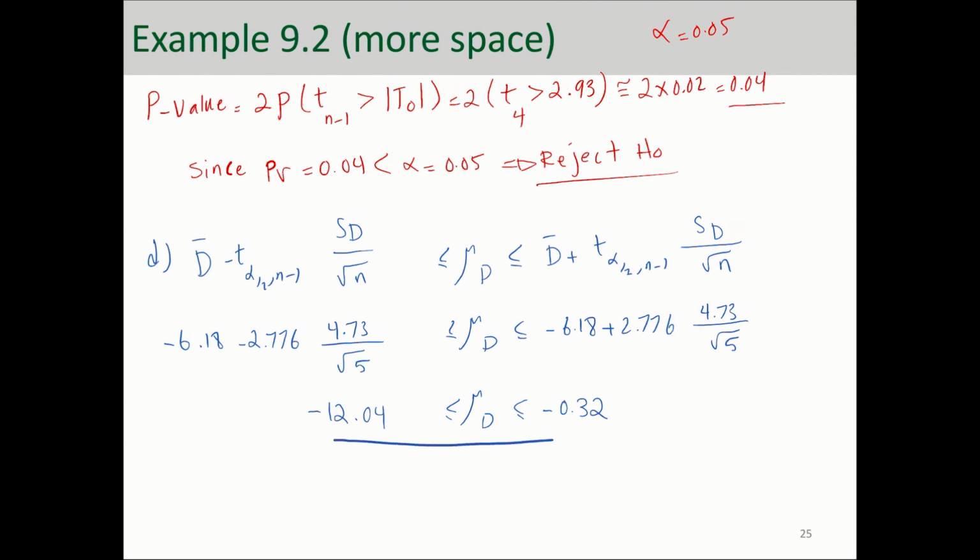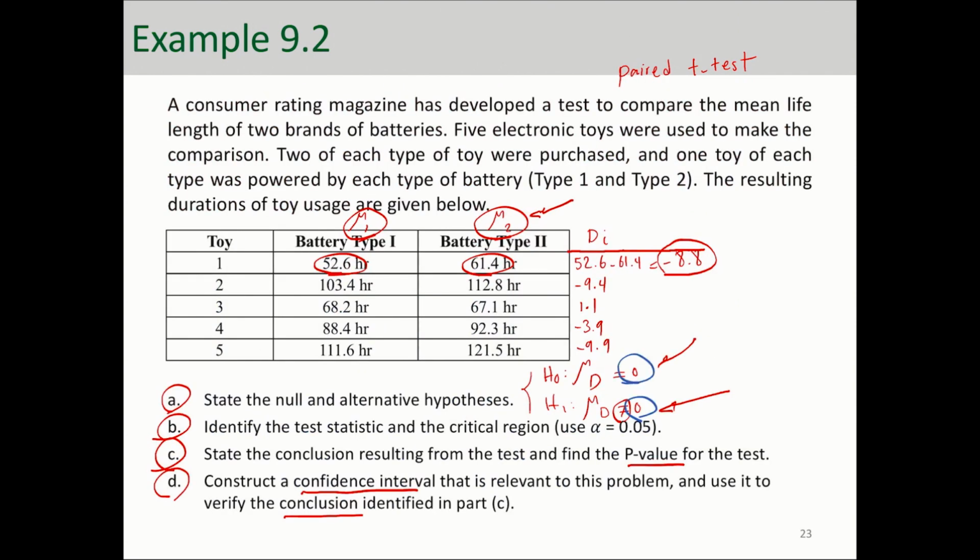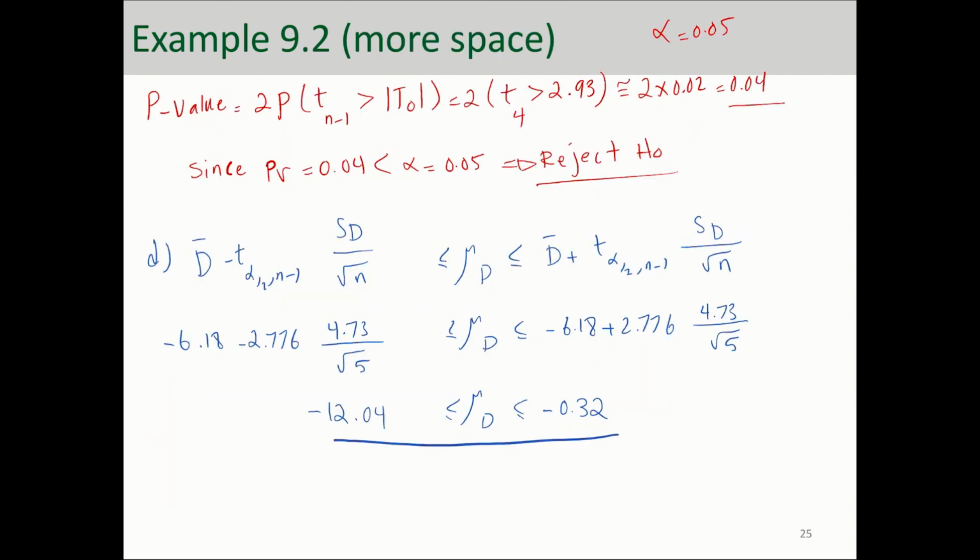And since this confidence interval does not contain 0, which is our delta naught, we reject the null hypothesis. Meaning that the difference between mu1 and mu2, mu1 minus mu2, is on the negative side. This, with 95% confidence, is negative, which indicates mu2 is probably bigger than mu1. Battery type 2 has a longer life than battery type 1 because the confidence interval is entirely in the negative side.